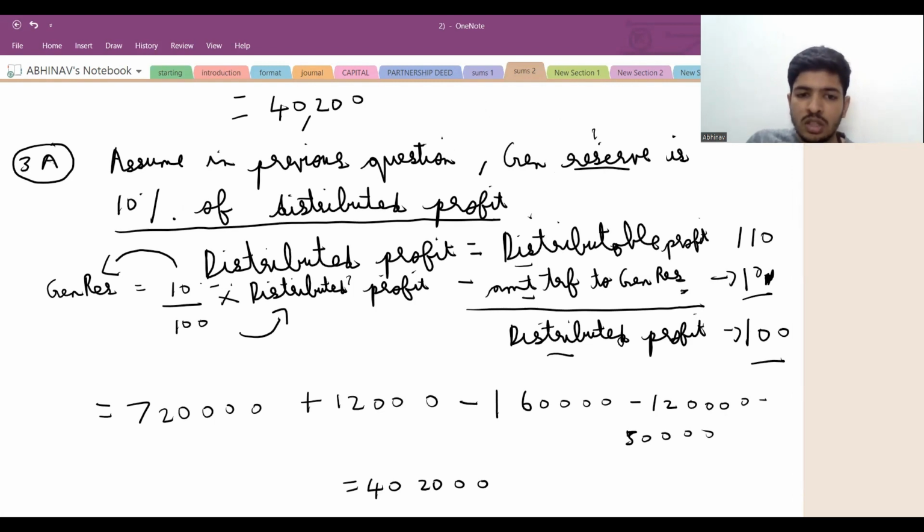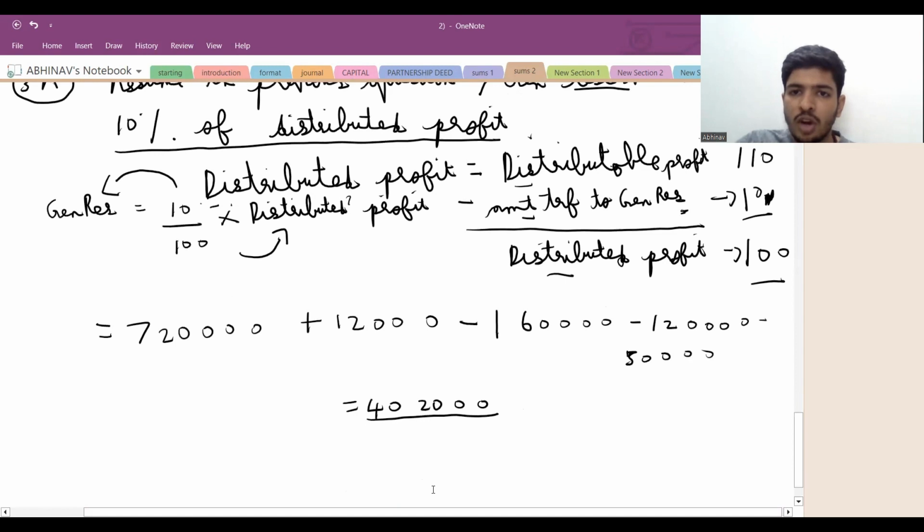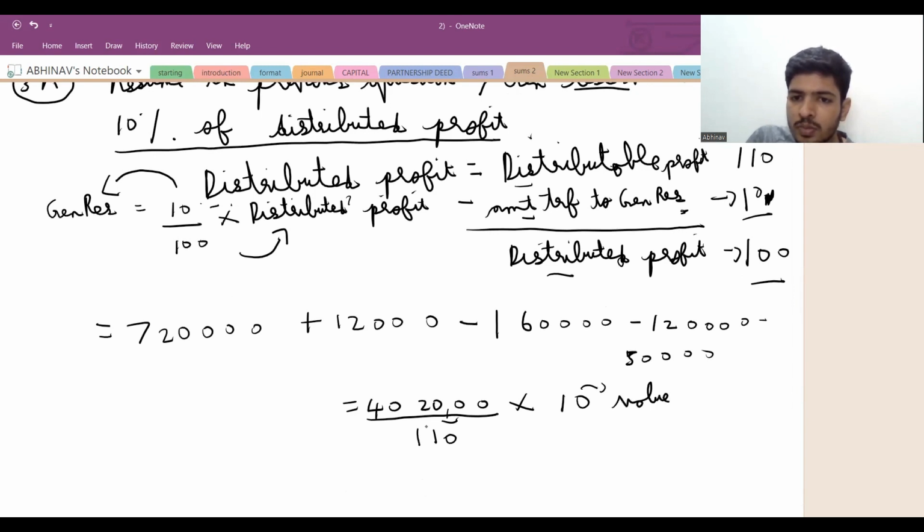Now, once you have solved this, then it's a cakewalk. All you need to do is, here you have found distributable profit. So the formula is always: divide by the equivalent value and multiply by the value you want to find. What does this mean?